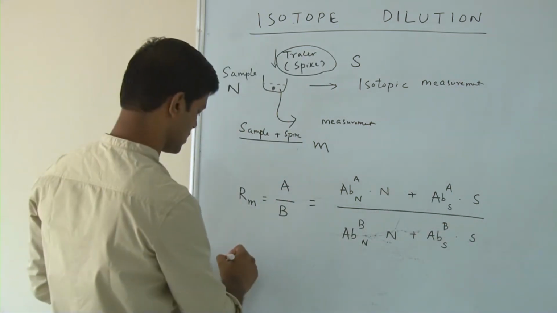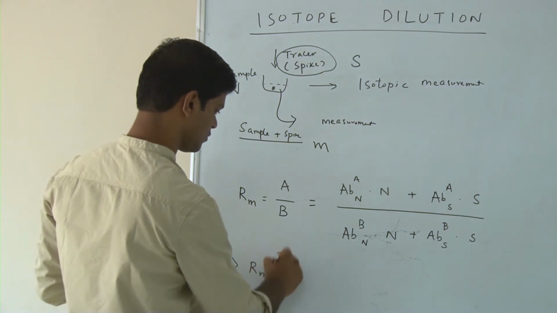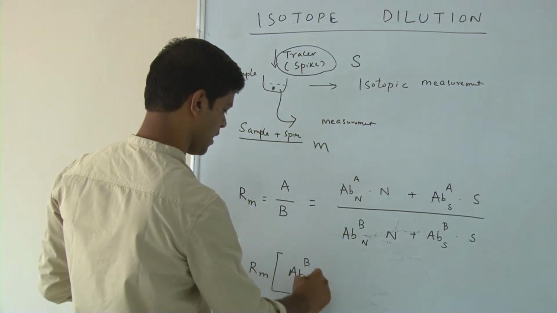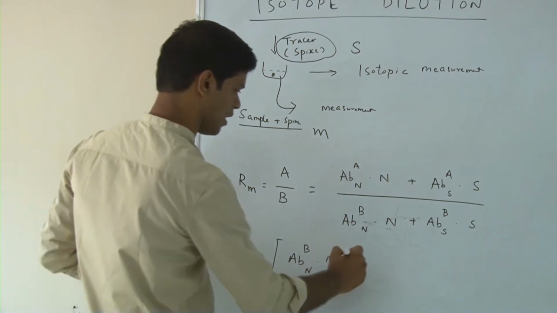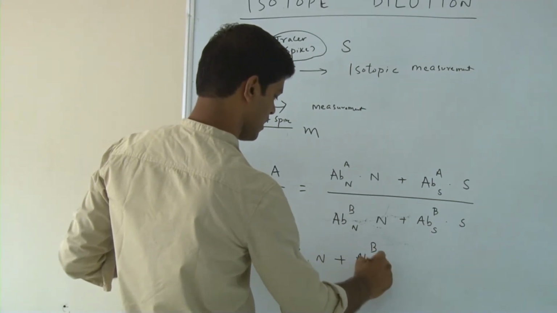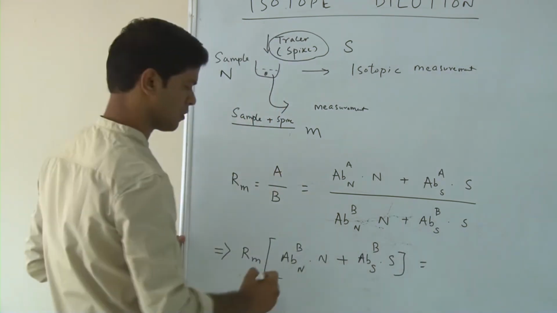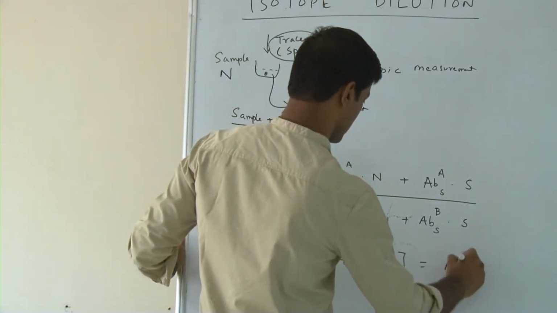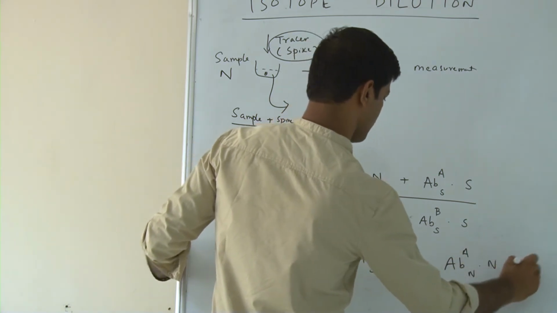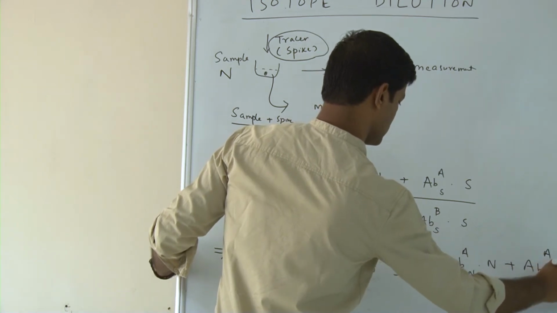Now, let us simplify this. So, R_M times (abundance of B in N times N plus abundance of B in S times S) is equal to abundance of A in N times N plus abundance of A in S times S.